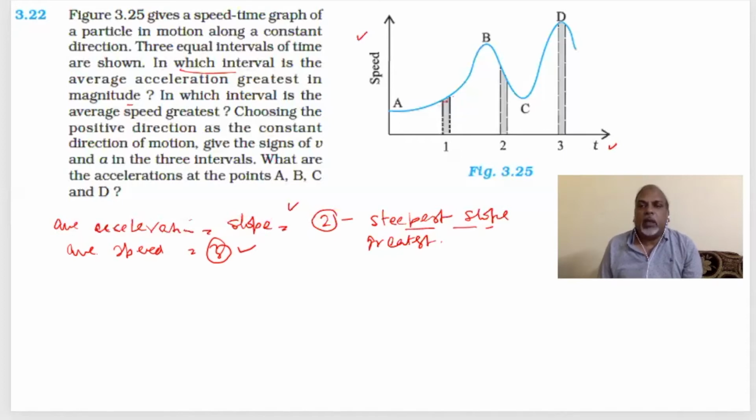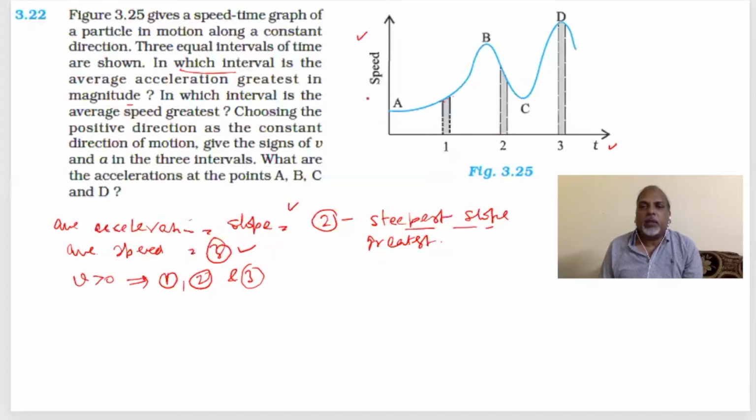So here you see the signs of v. Since speed in this whole portion is positive, v will be positive for 1, 2, and 3, because this graph is above this axis.